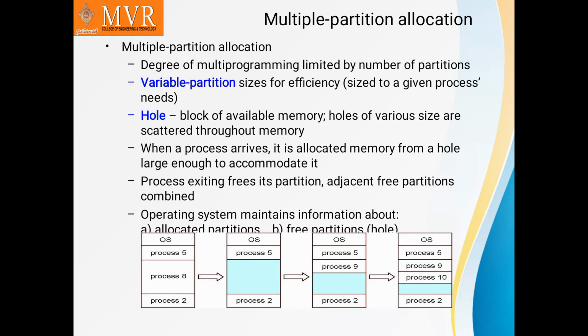See this picture here, those are all allocated: process 5, process 6, process 2 are all allocated, and this is the free partition, so it is empty. There is no allocated partition there. That free partition we can call a hole.